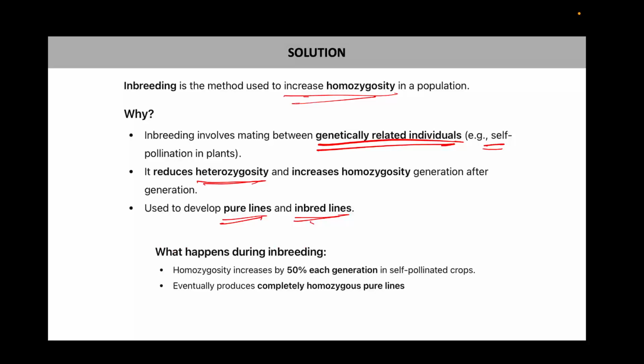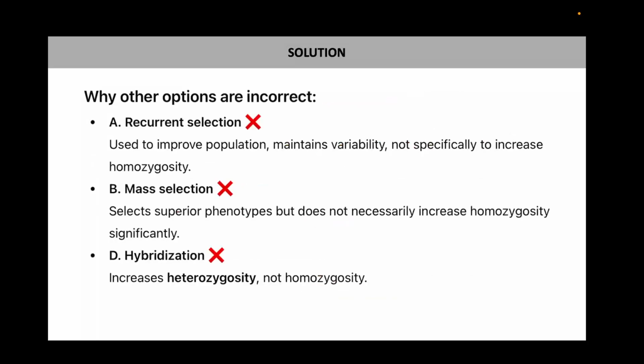What happens during inbreeding is that homozygosity will increase by 50% in each generation in self pollinated crops, and eventually the population will have crops that are completely homozygous pure lines.